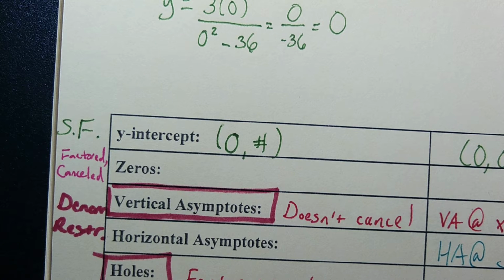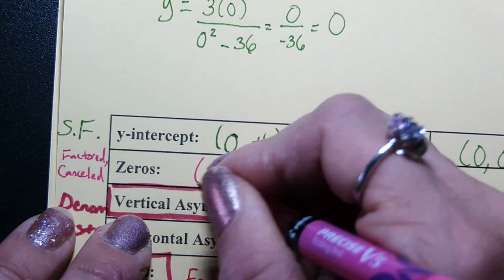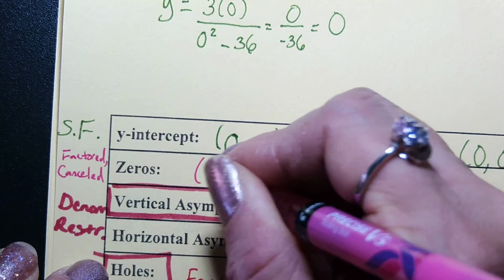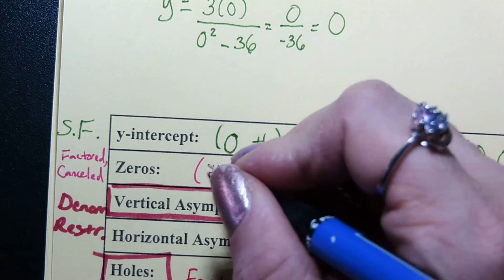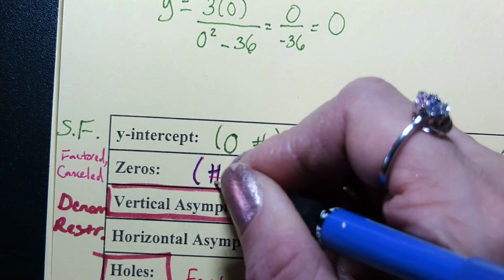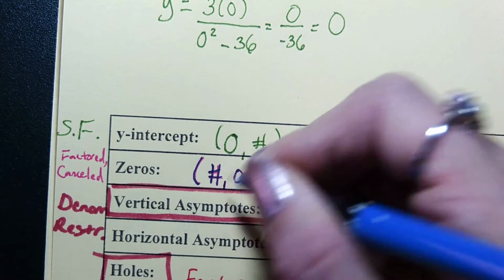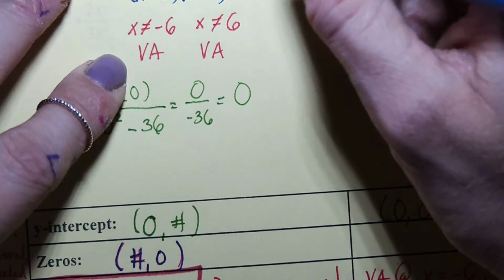It is best if you use that factored canceled form. Zeros are the x-intercepts, which are a number and 0. So I'm going to plug in 0 for the y value.